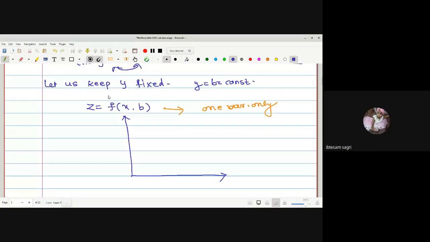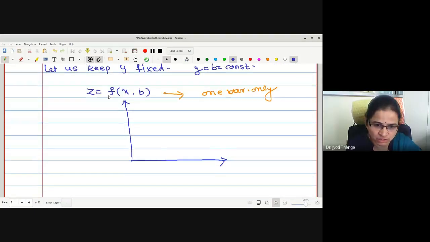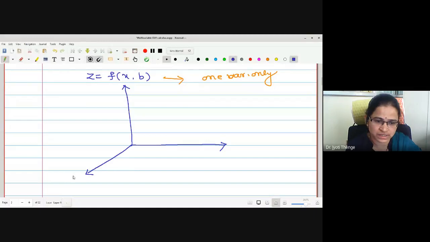Therefore, let me draw the third axis, say Z. I'll call this X, this Y, and let this be Z. Now I'm drawing one surface.